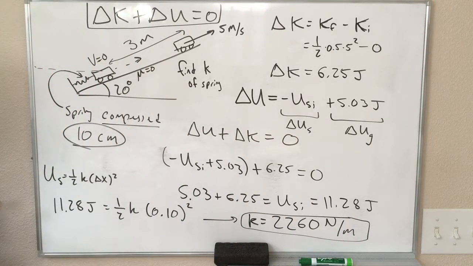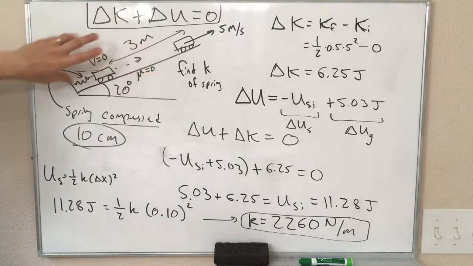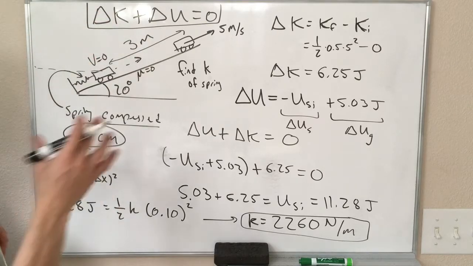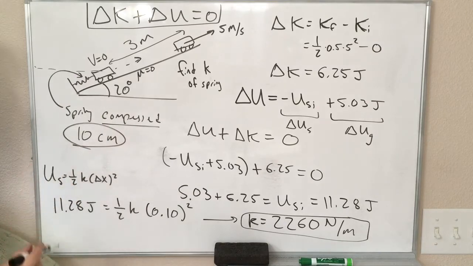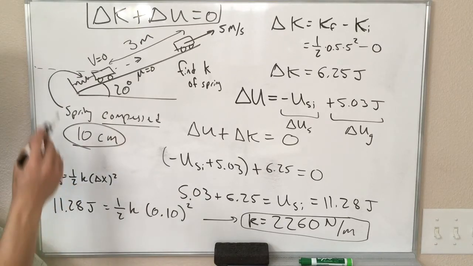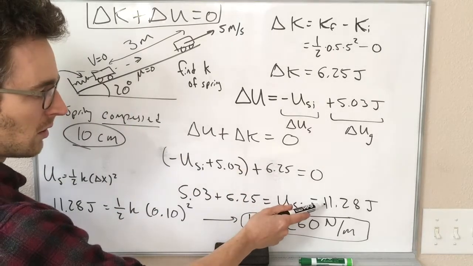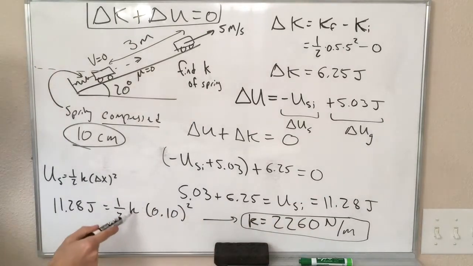So to recap, we figured out how all these pieces of energy changed. There was only one piece we didn't know, which was how much energy we started with in the spring. We solved for that energy, and then used it to solve for the spring constant K.